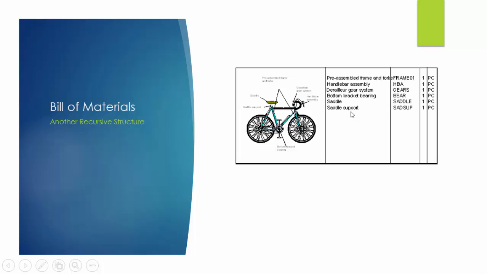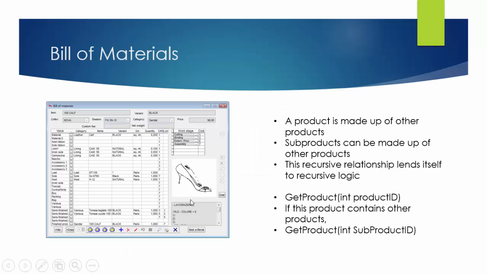So be thinking, what is a bill of materials? It's a list of all of the parts we need to create some sort of product. Oftentimes, our bill of materials list can be quite involved and very long, as in this example, to create this beautiful shoe. So we have to have many different pieces and parts.